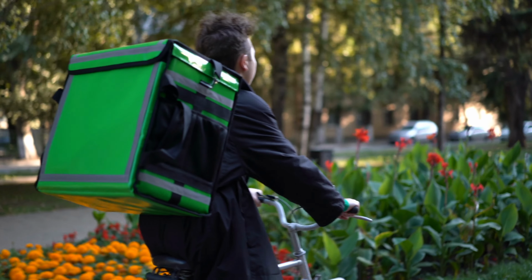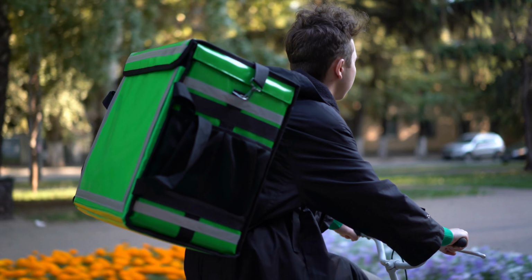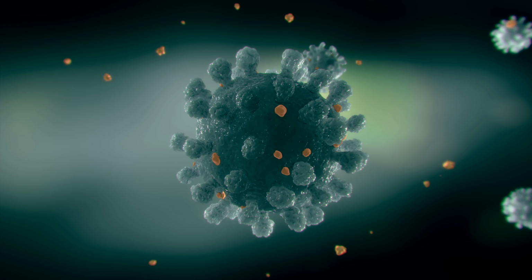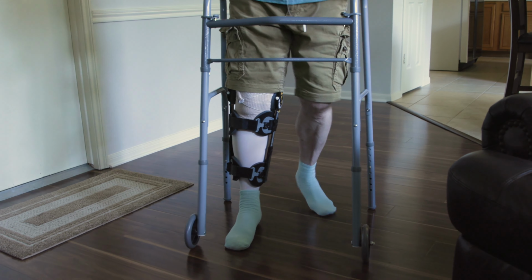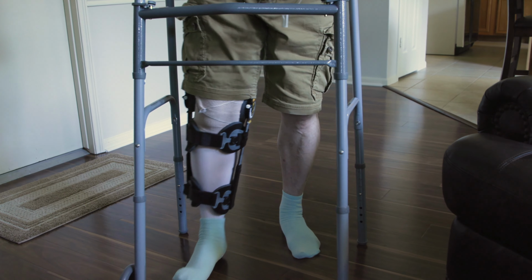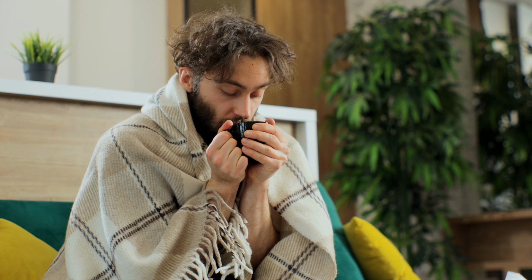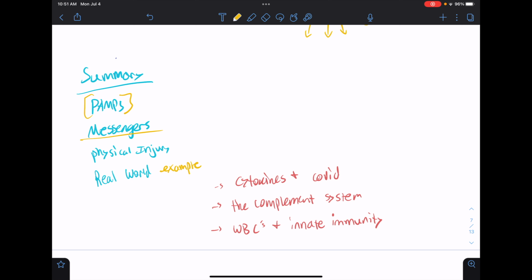And then these messengers are sent out to communicate with the body to recruit other cells, to deal with viral replication, to regulate the immune system. Then we have physical injury. When we get physically injured, the innate immune system springs into action to help heal us and get the situation under control. And then I just gave a real world example of how some of this works when you do get sick. Again, it's very, very, very basic.